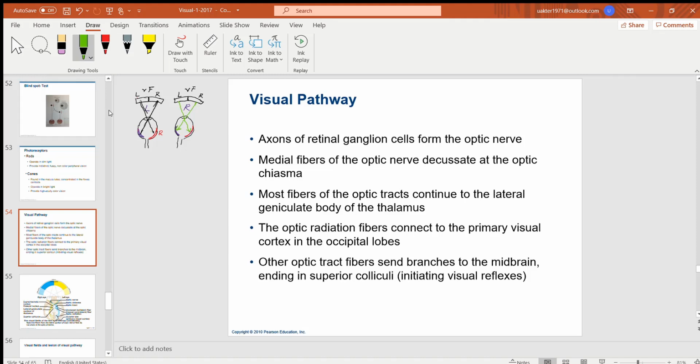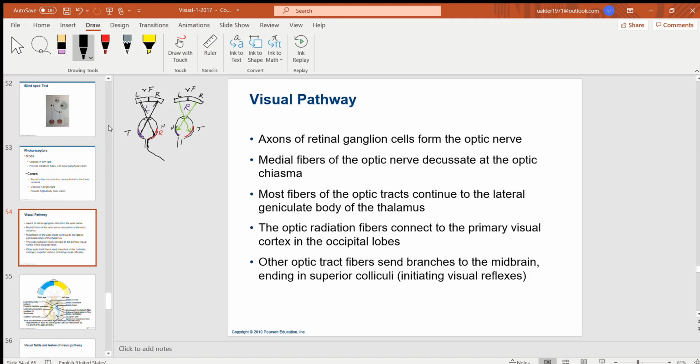Okay, and then if I draw now from this side, this is the nasal side, right? And this is the temporal side, and this is the nasal side, this is the temporal side. Okay, so from the nasal side, the signal will get out through the optic nerve and will go to the other side.